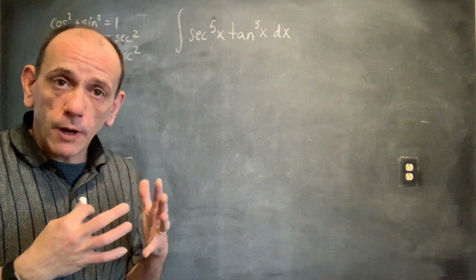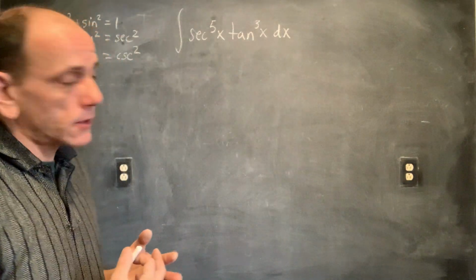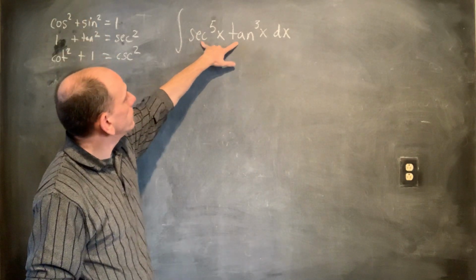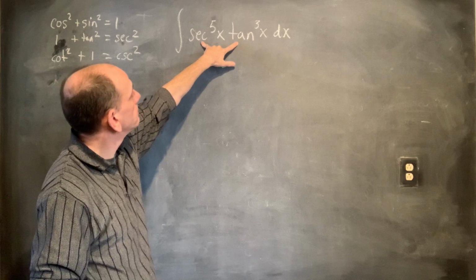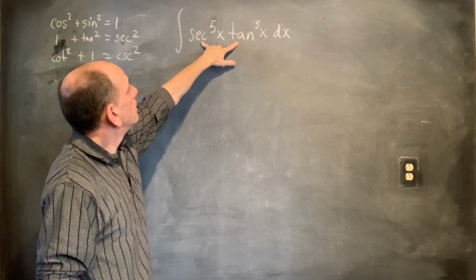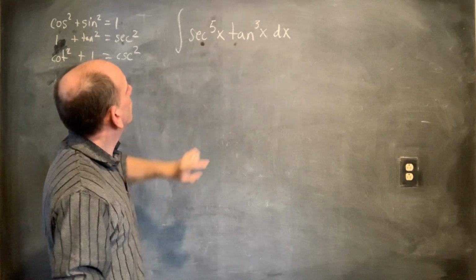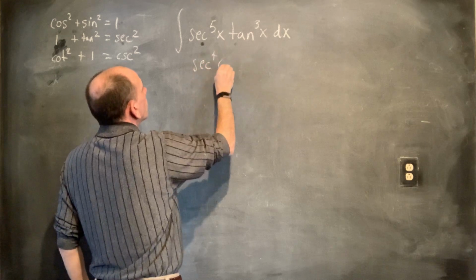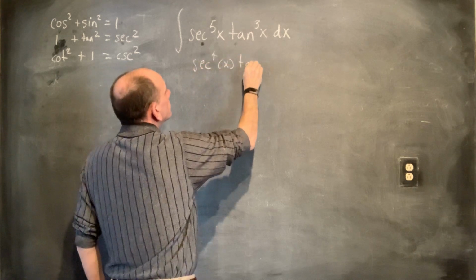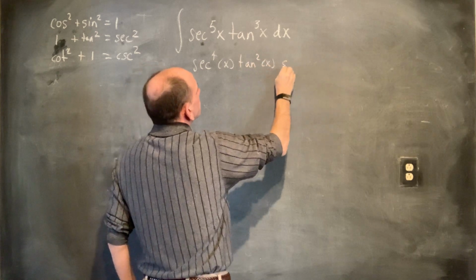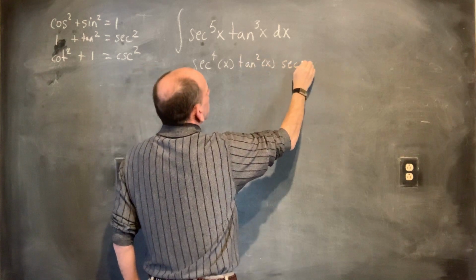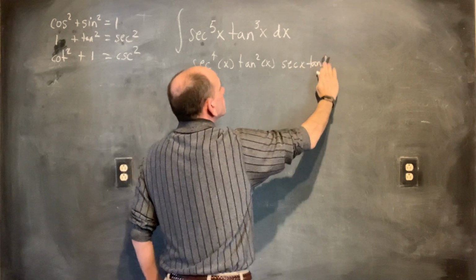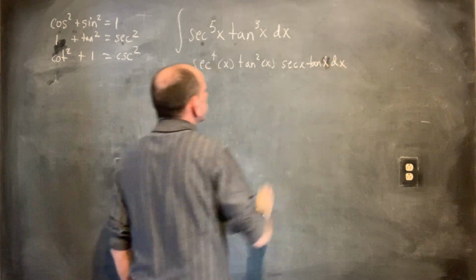So, again, my primary strategy is going to be to try to u sub. If I want to u sub for secant, I'm going to hold a secant tangent off. Would that actually work? Let's see. That would leave me a secant to the fourth of x tangent squared of x, secant of x tan of x dx.